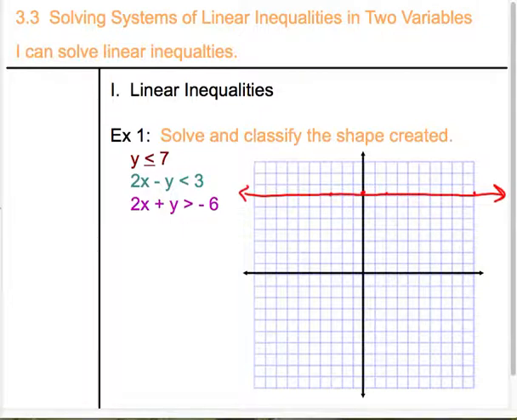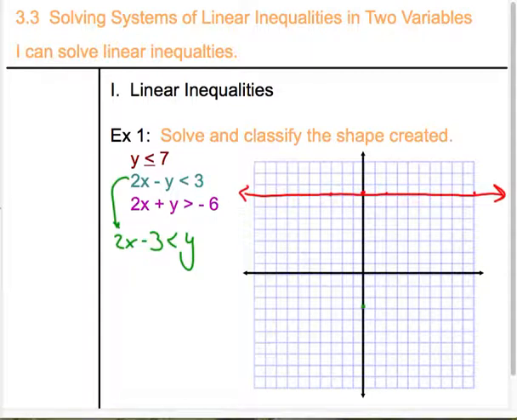So my second line, my y-intercept is an integer, but my x-intercept is not. So I'm going to go ahead and put this into slope-intercept form. I'm going to add y to both sides and subtract 3. So I've got 2x minus 3. So I'm starting with my y-intercept at negative 3.